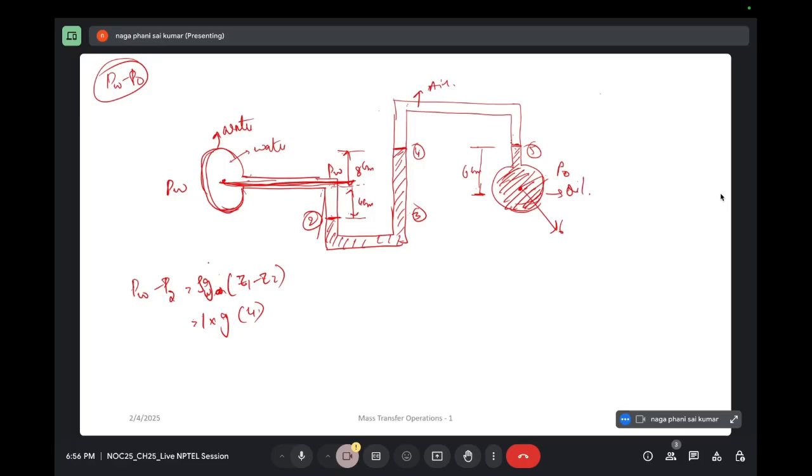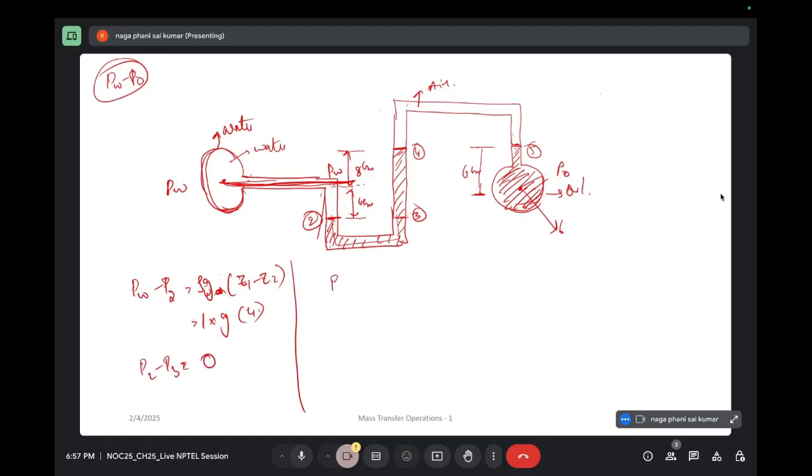This is PW minus P2. So now we have to calculate P2 minus P3. Again, let's use the same principle. They are at same height, and this is a continuous liquid, that means the same liquid is present. So obviously they should be at same pressure. So that means P2 minus P3 will be 0.